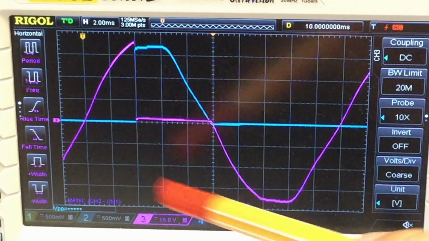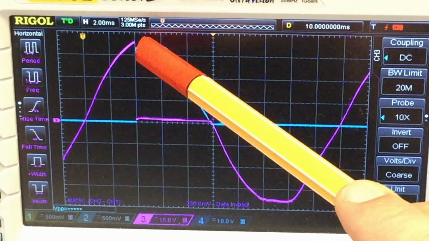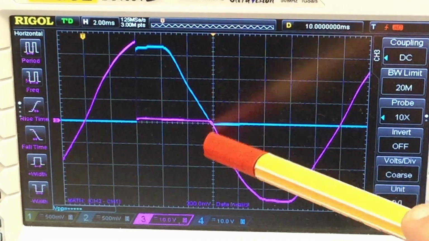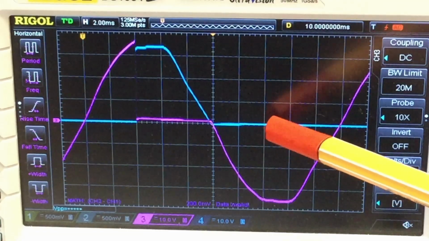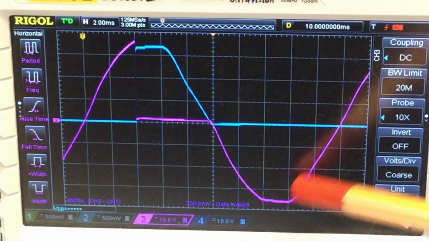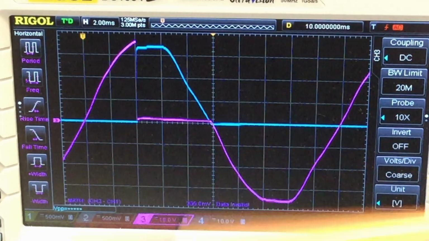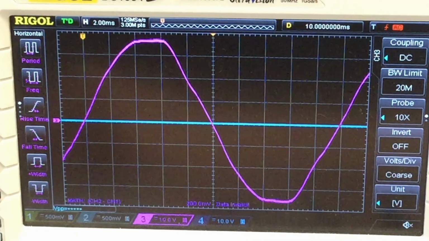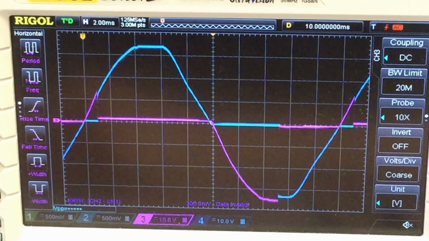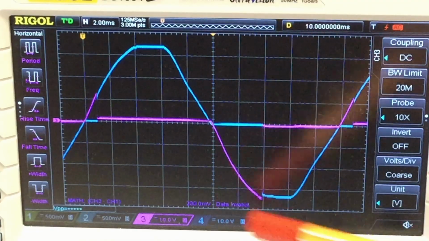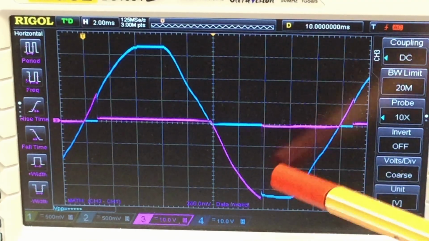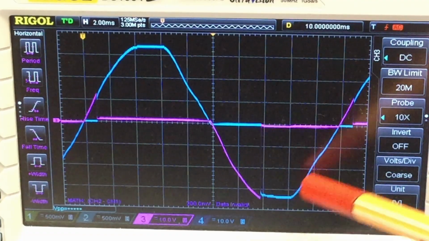I'm not able with that circuit to trigger beyond 90 degrees, between 90 and 180 degrees, respectively between 270 degrees and 360 degrees. It's simply not working. See? If I start triggering here in the negative, I start triggering here. I cannot trigger any later.